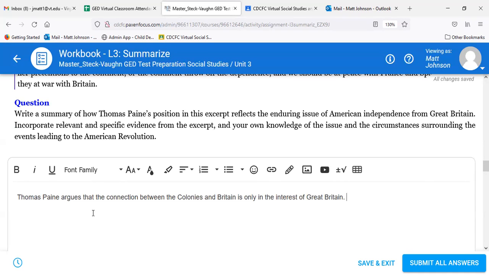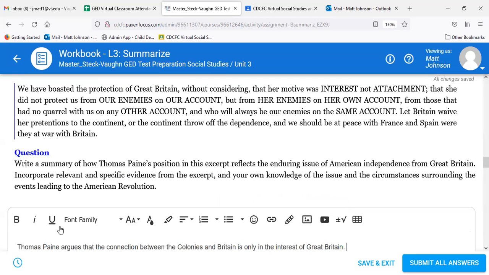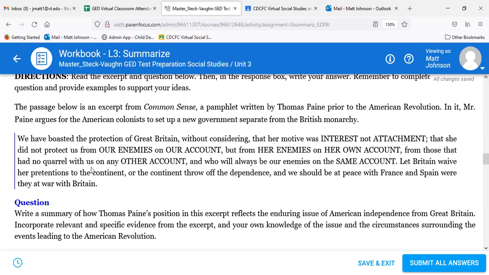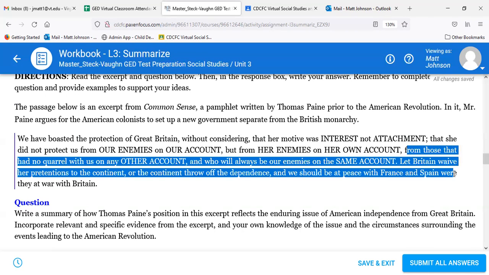So what else would we need here? He states that America should cut ties with Great Britain and end the alliance to their country.